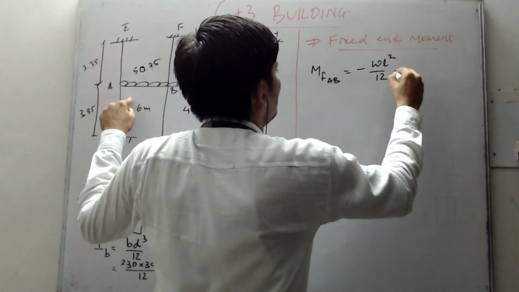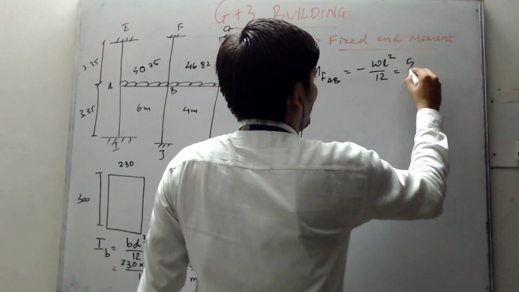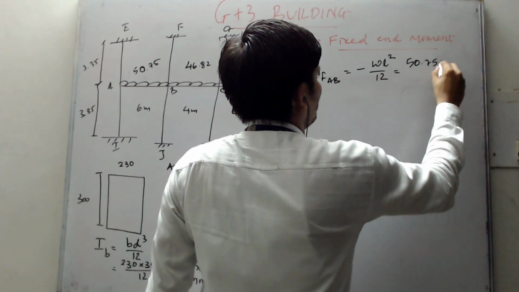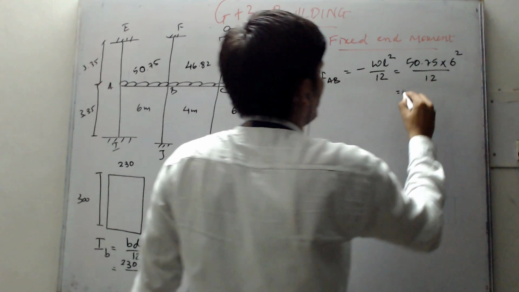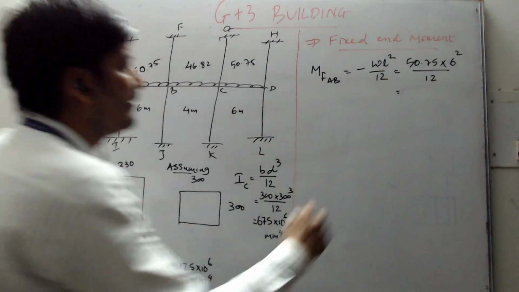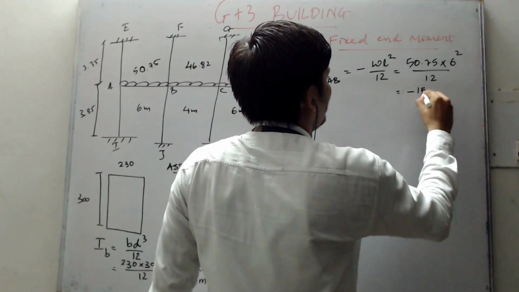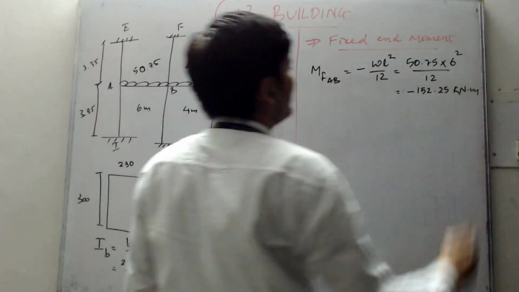So we know the value of W, it is 50.75, L is 6, 50.75 multiplied by 6 square divided by 12. So if you calculate this value, this answer comes out to be minus 152.25 kilonewton into meter. This is the unit for moment MFAB, right?